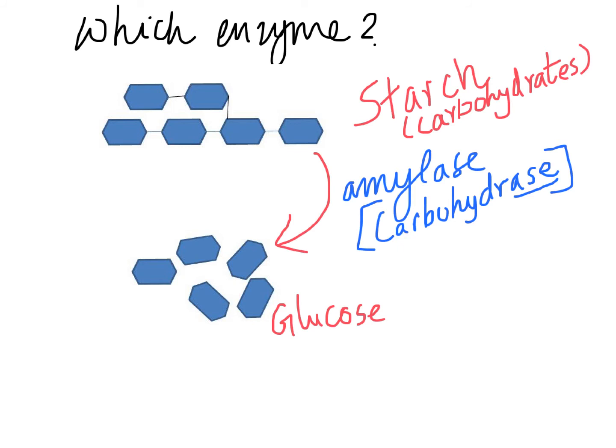Now, we call this chemical digestion. When it's broken down into smaller molecules, it's able to diffuse through the walls of the small intestine, through the villi into the blood, and only then can our body use this. The body cannot use starch. It has to be digested into glucose, and only then can it go into the bloodstream to be used by the body for energy.